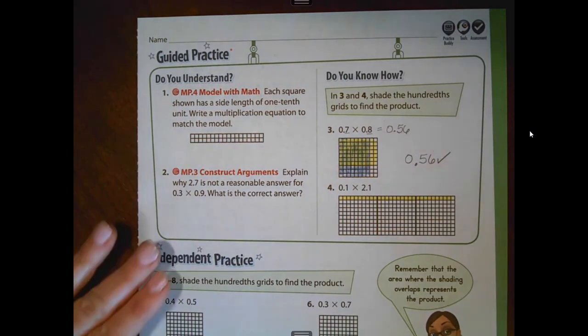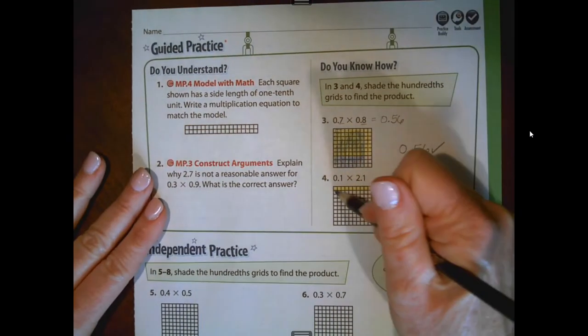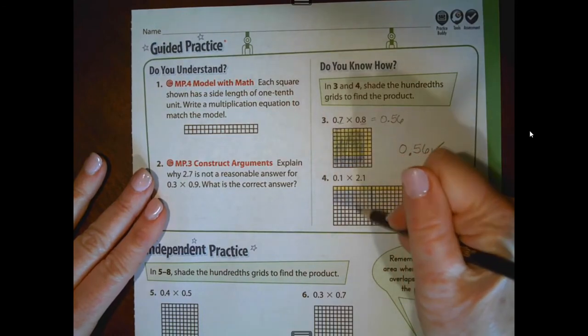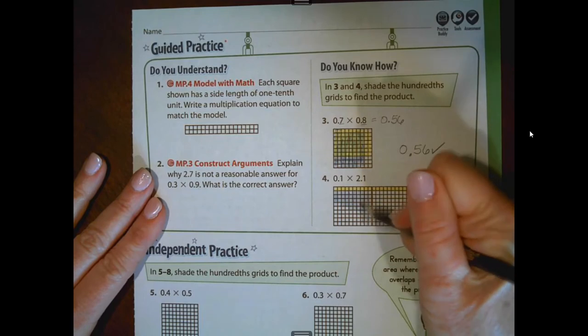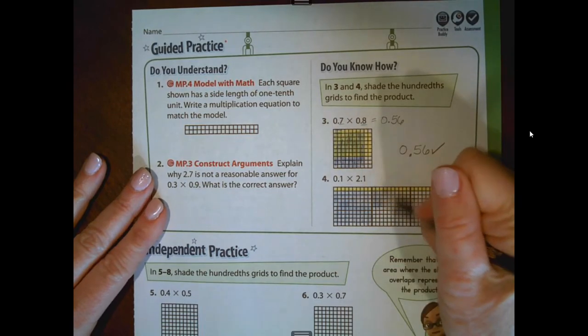Now, to shade 2 and 1 tenth, that means I need to shade 2 wholes. So both of these decimal grids will be shaded to represent 2 wholes being shaded.